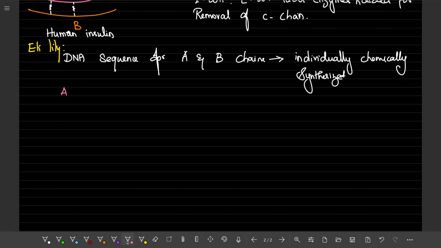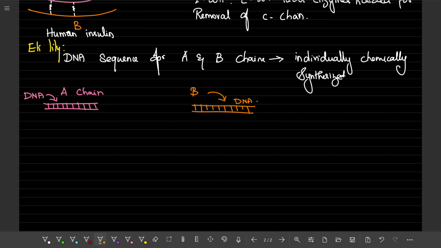Okay. So which means what? Let us see what is happening in A chain here. Let us see what is happening in B chain here. So A chain's own gene was made, chemically synthesized. So this is going to be the DNA which is going to code for A chain. Okay, and then for B it is going to be another gene.